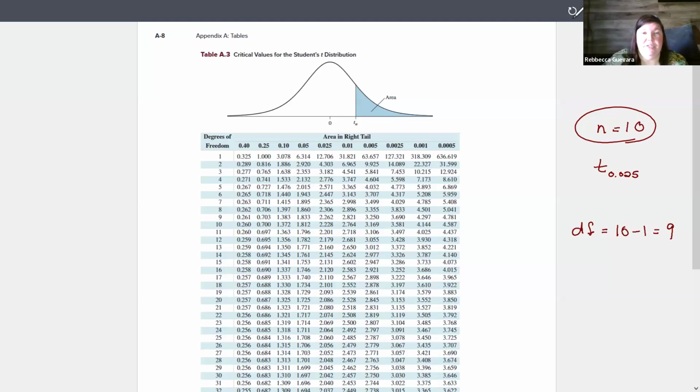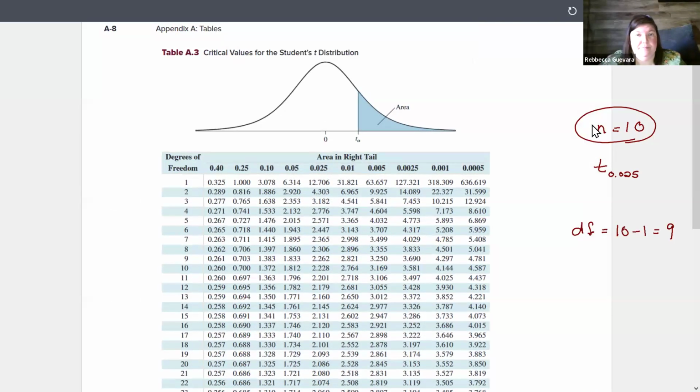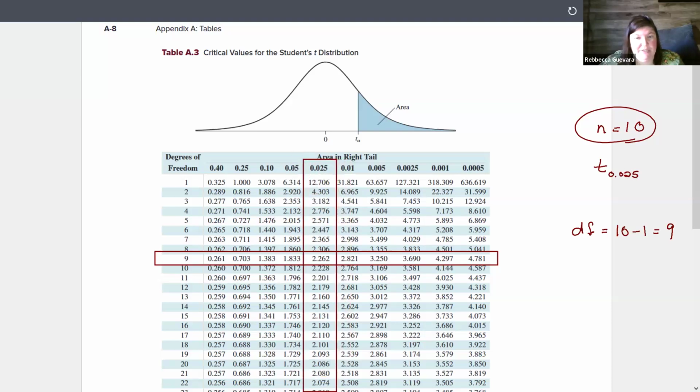So we need to look for 9 degrees of freedom. We have 0.025 in the tail. That's going to be right here. So my t for 0.025 would end up being 2.262.